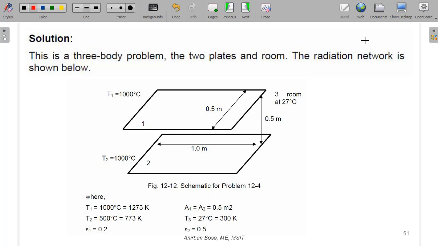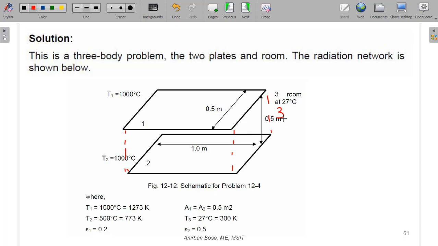So radiation network, first of all you have to make an enclosure. So one surface and two surfaces, these two are rectangular plates, parallel plates separated by a distance. So assume the other surface is surface 3, by which the whole thing is now an enclosure. Let us consider it is an enclosure.